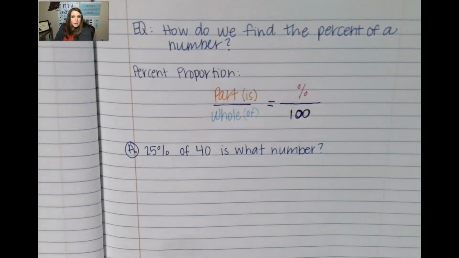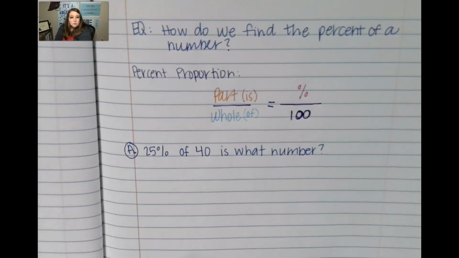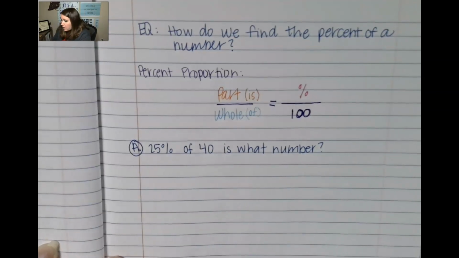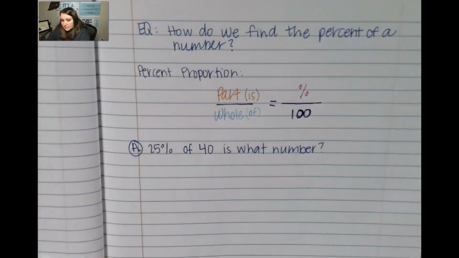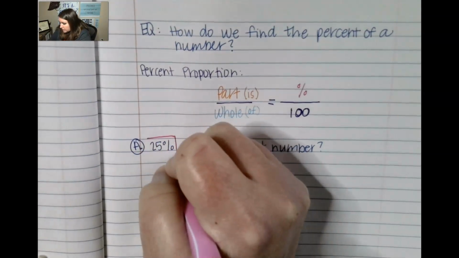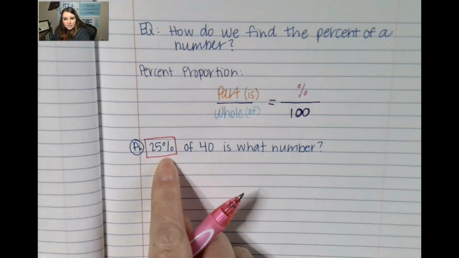So get 3 colors: one you can use for is, one color you can use for of, and one color you can use for percent. First of all, percent. We have a percent sign. Percent sign is pink, and the thing that we're looking at is 25%. So I'm going to put a box around 25% in pink.